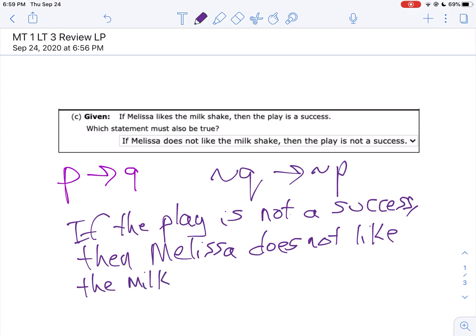You chose the inverse. The inverse is not logically equivalent with the conditional statement. So when you're given a conditional statement and asked which one is logically equivalent, you've got to pick the contrapositive.